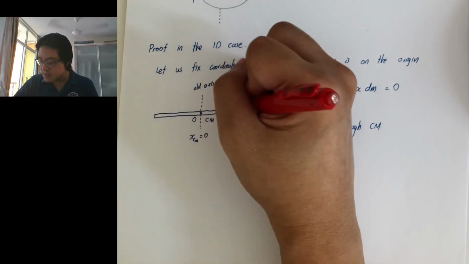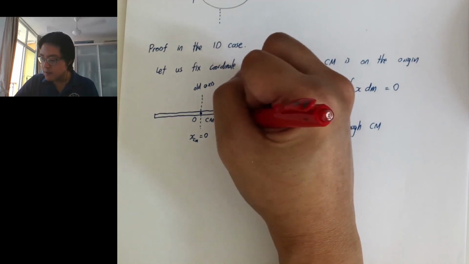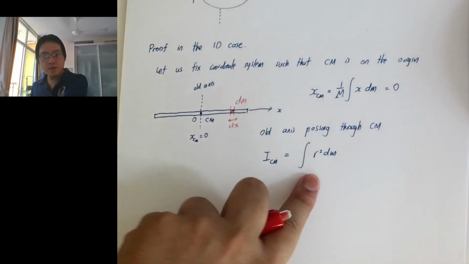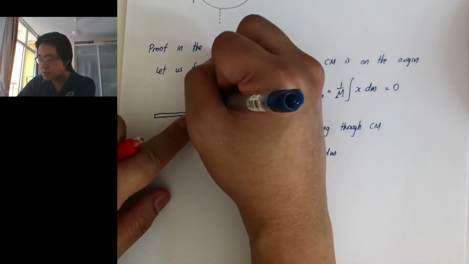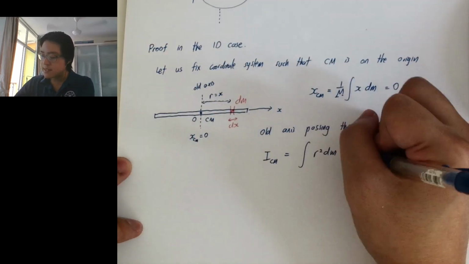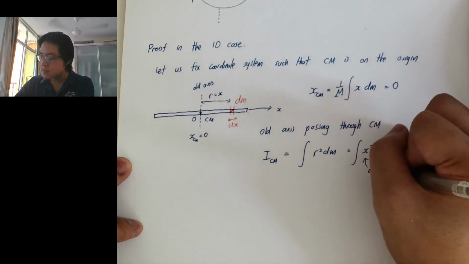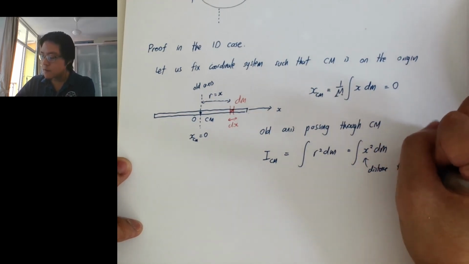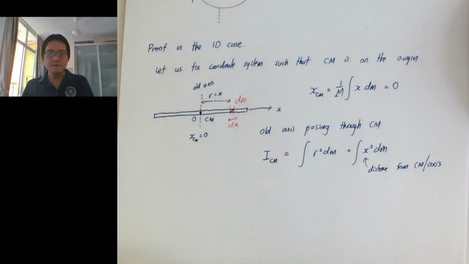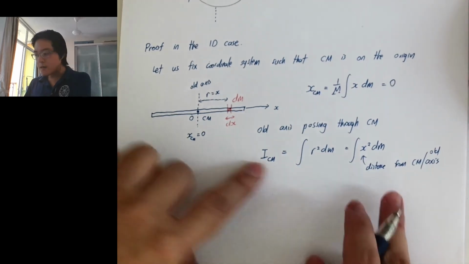We first consider a small piece dm, with a very small length x, and we need r squared. If I put the origin at my center of mass, then r squared is just my x coordinate from the axis. So I_CM is just the integral of x squared dm. This is the distance from the center of mass, and the distance from the center of mass is the same as the distance from the O axis. So this is the original center of mass.